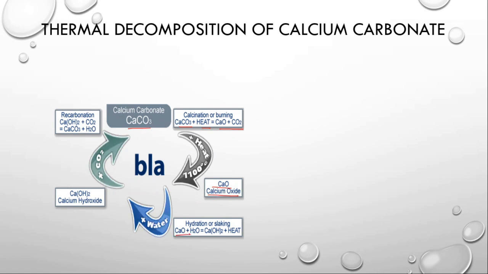This CaO was treated with water to form Ca(OH)2, and there was the evolution of heat. We were treating it under exothermic reactions. When this Ca(OH)2 reacts with CO2, it forms calcium carbonate and water. So this is a cycle which you should remember.